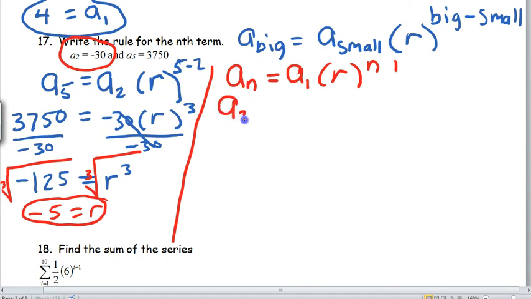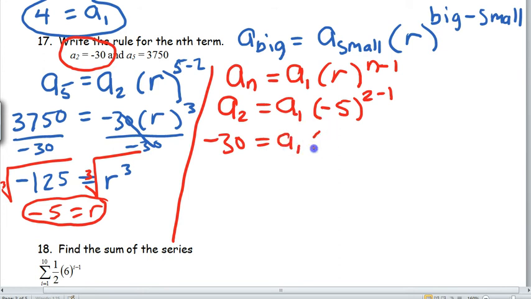That means A2. I know what R is now. Negative 5, to the n minus 1 power. That's 2 minus 1 now, because that's my n. But A2 is negative 30 equals A1 times negative 5. 2 minus 1 is just 1, and I don't need to put it. Dividing by negative 5 gives me 6.